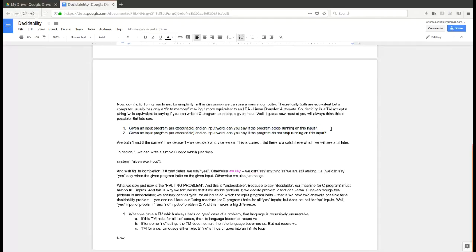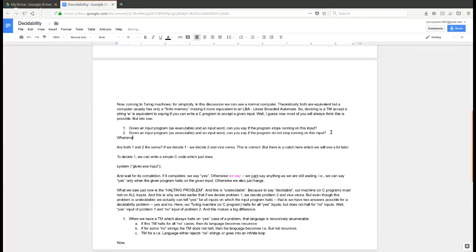So the best example is this only, because whenever problem 1 says yes, problem 2 says no, for a given input. So this is just because 1 and 2 are complementary problems.